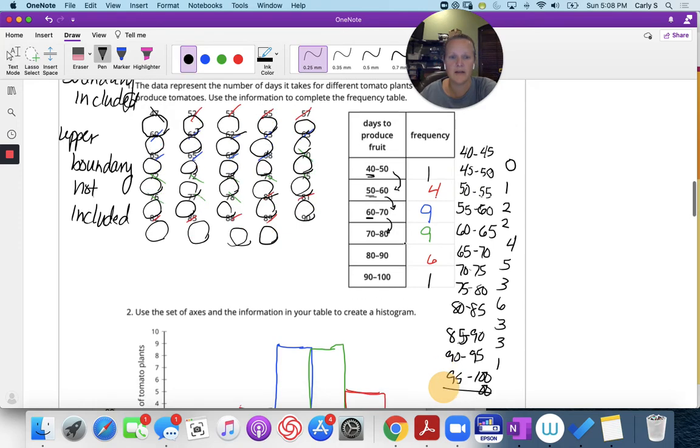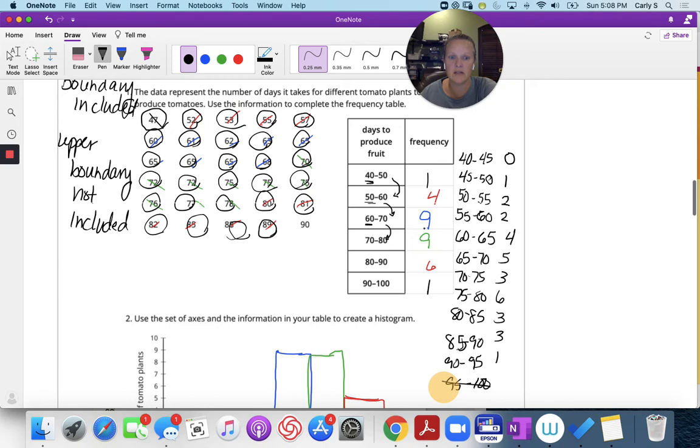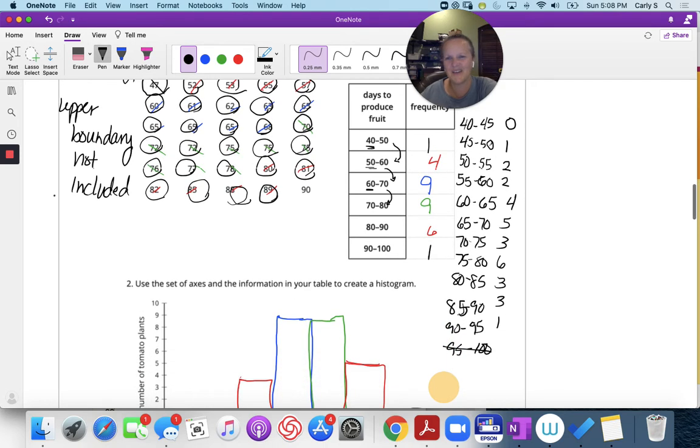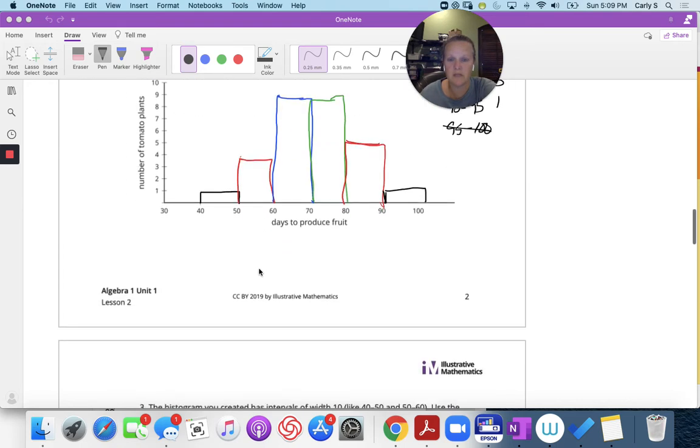Okay. All right, so we're going to have to graph those. Oh, why aren't they moving? Oh, that's not good. Hold on a second. Oh, there they go. All right, this is going to be a little bit of us going back and forth. All right, 40 to 45 was 0.